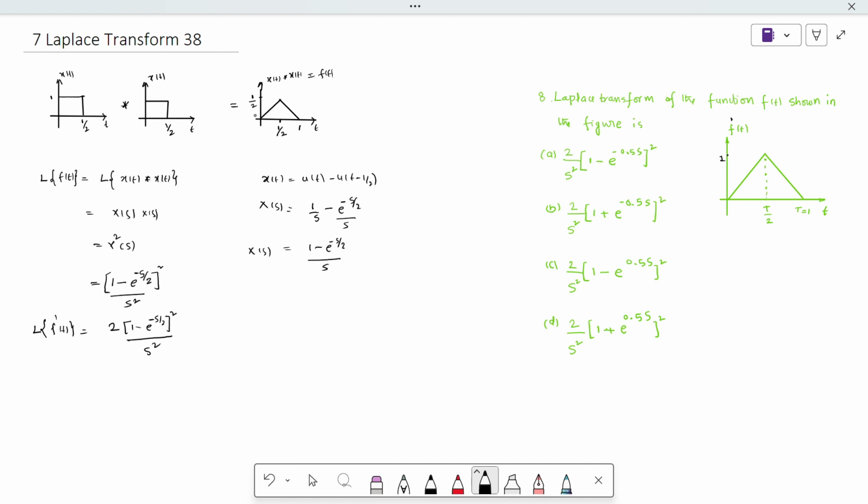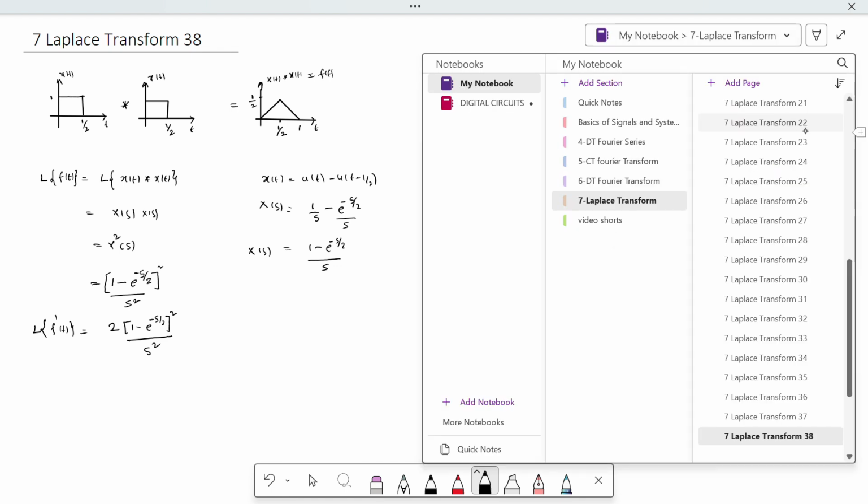For this function we should write 1 by 2, but here the magnitude is taken as 1, so we can send it to the left side. So the answer is 2 by 1 minus, so this is the place, and option A.